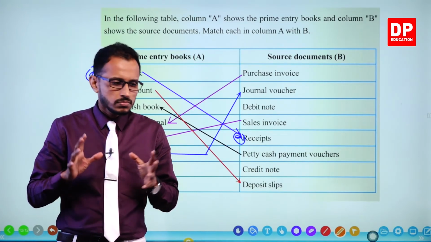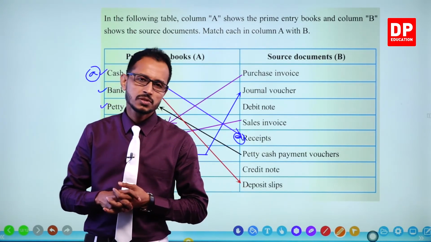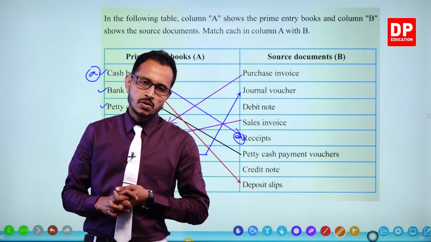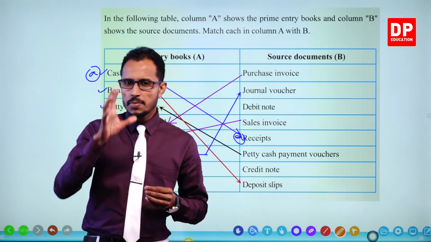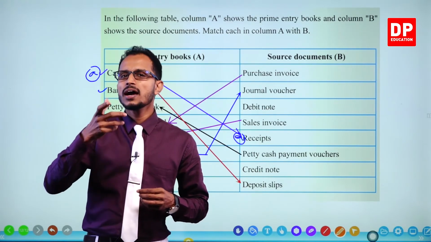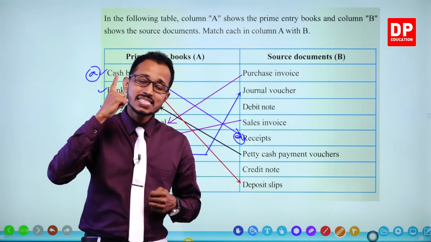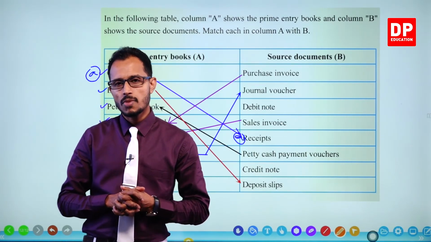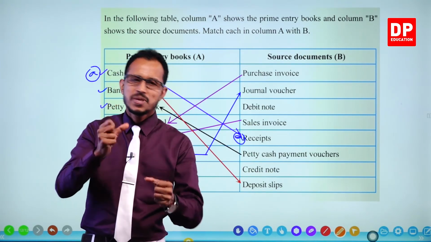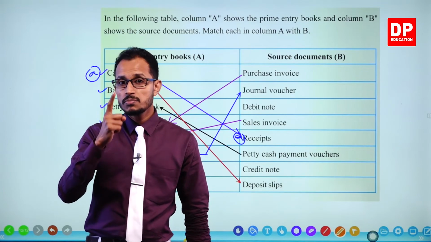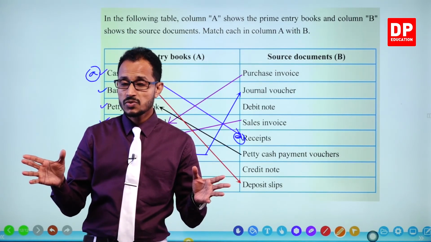There are no complex formulas or anything as such. More than the things you learn by heart, the things you understand and actually experience will remain in your minds.